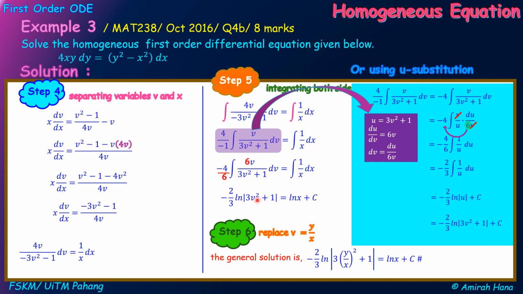But we just put plus c on one side only. So we can integrate this function either using the quick method here or using u substitution here. We get the same answer.